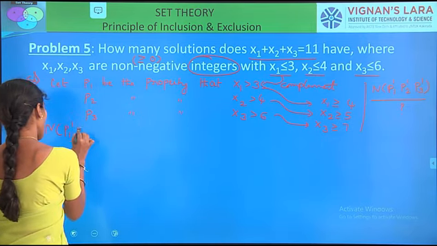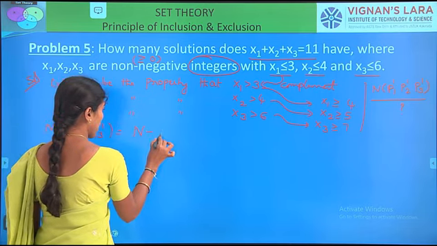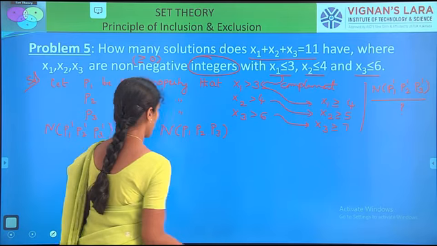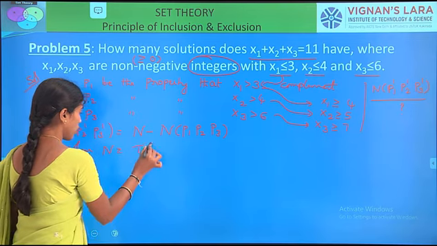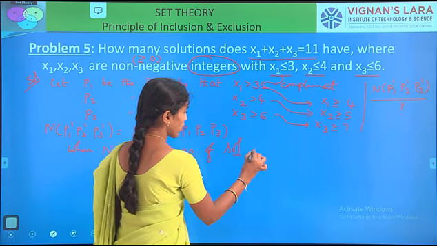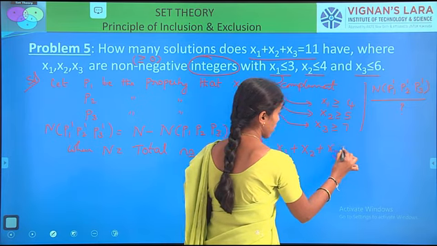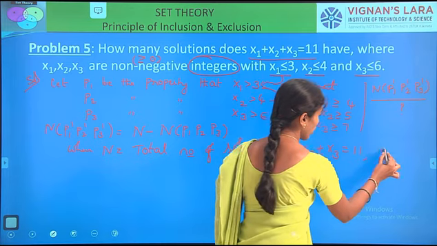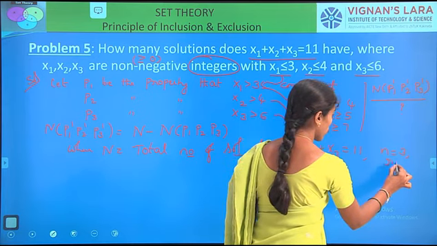N of P1 complement, P2 complement, P3 complement is equal to n minus n of P1, P2, P3. So what is this n? Where n is the total number of solutions of the equation x1 plus x2 plus x3 is equal to 11. In this equation, how many variables are there? So n is equal to 3. The right side value r is equal to 11.